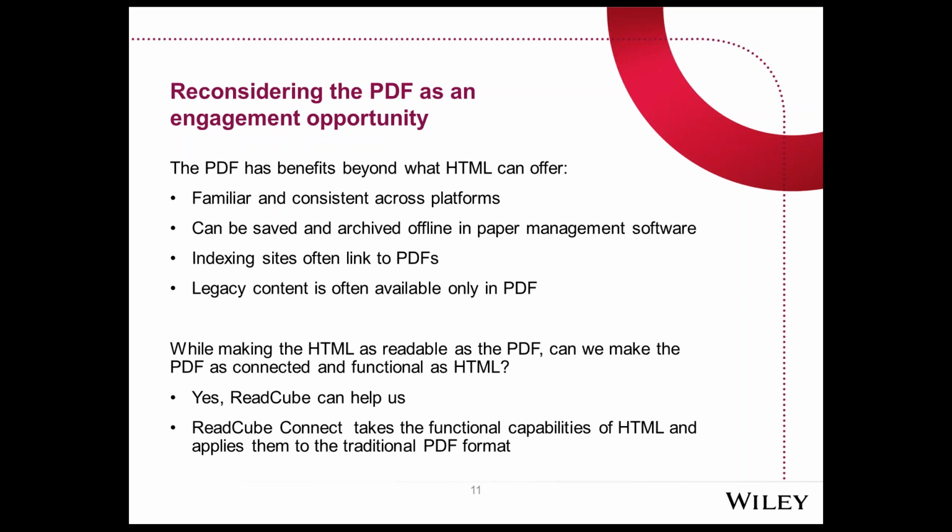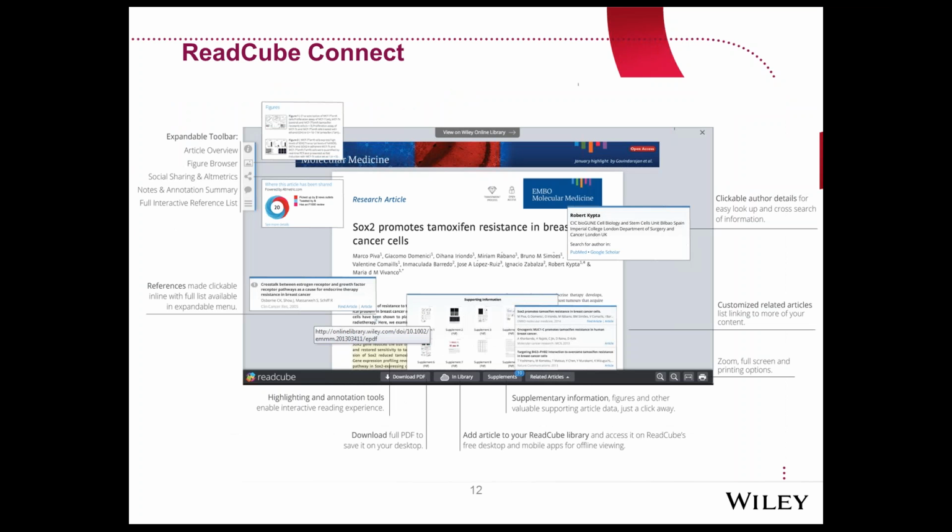And it can be saved, it can be read online and saved offline. I just have a screenshot here that shows most of the advantages that it brings, which mirrors very much what we were doing with Anywhere Article. So it has the equivalent of a figure viewer where you can browse through all the figures in the article. It includes social altmetrics.